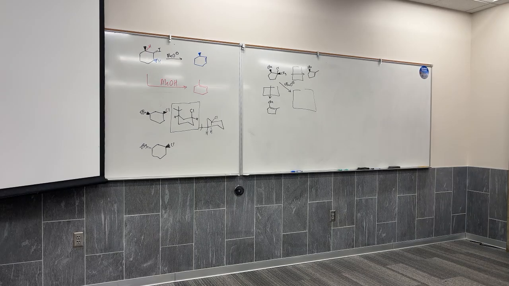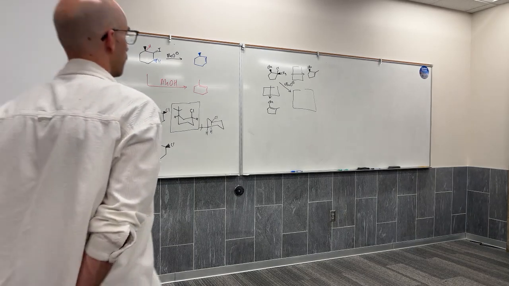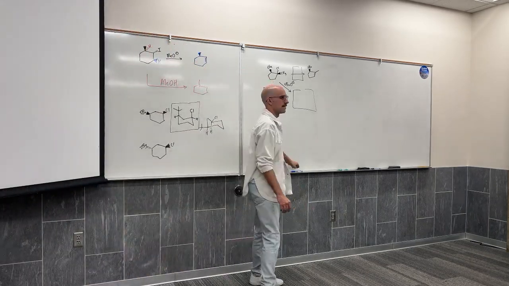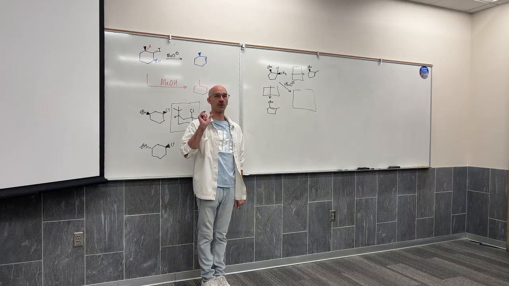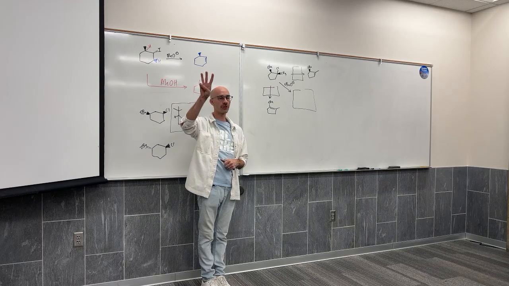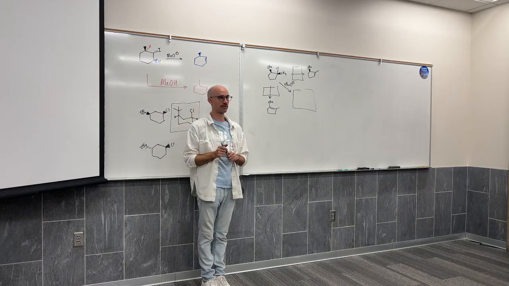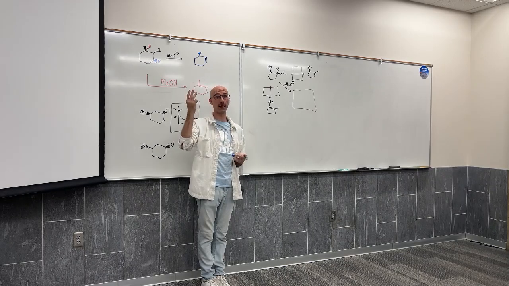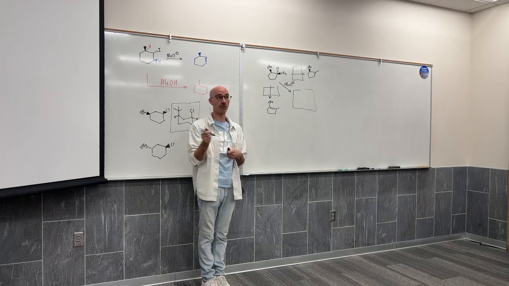All right. I'm sorry to cut you short, but we need to move on. Thinking about regiochemistry. This is a tertiary alpha carbon, which means there are three beta positions that could form an alkene.